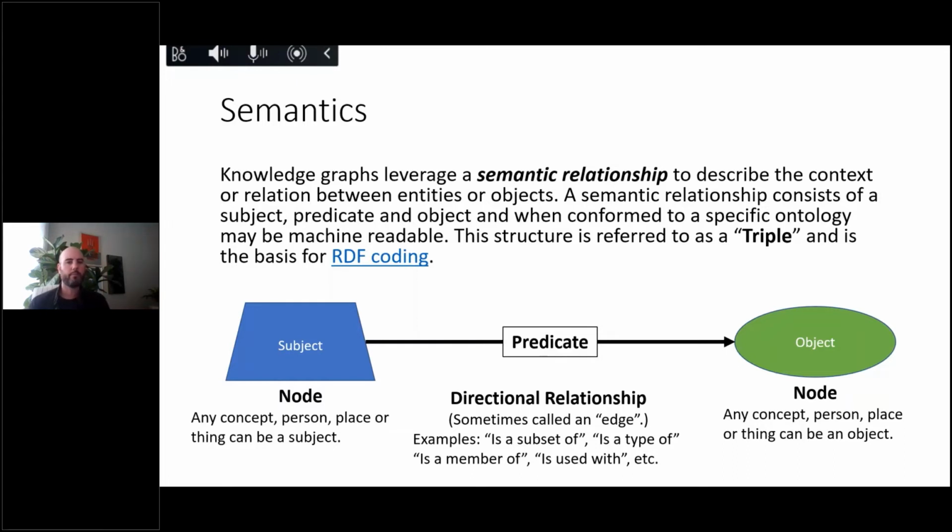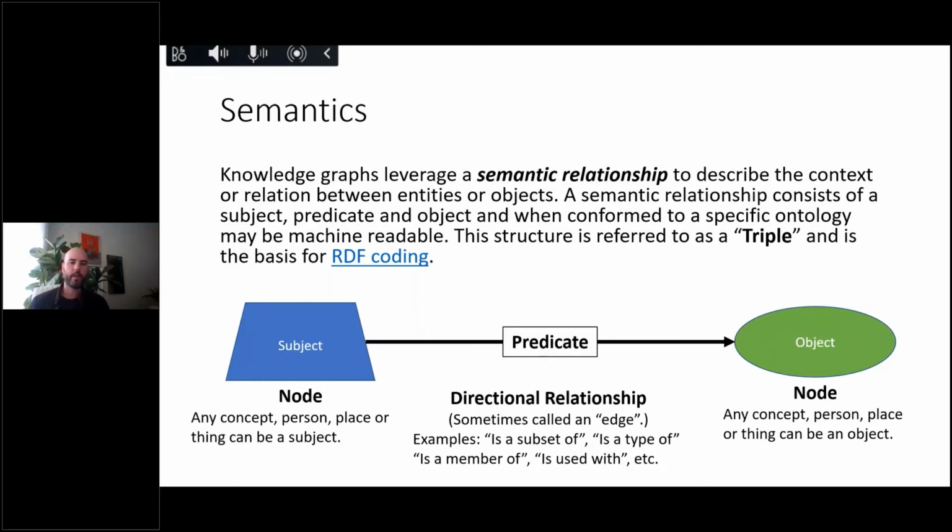But the directional predicate in between is what defines the relationship between the subject and the object. This is, as I mentioned, called an edge. An example of that would be: the subject is a subset of the object, or the subject is a type of the object, or is a member of the object.